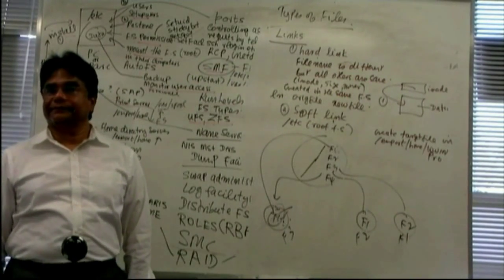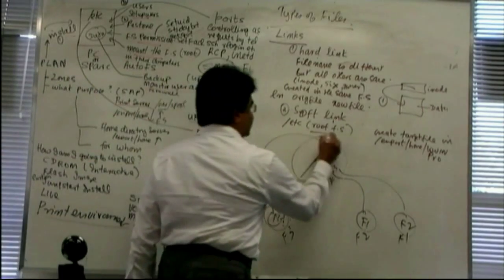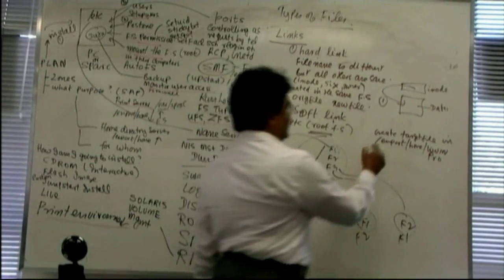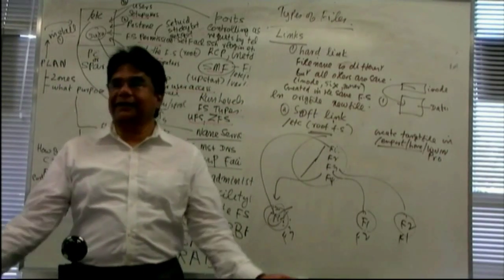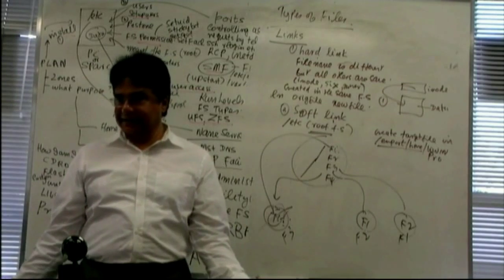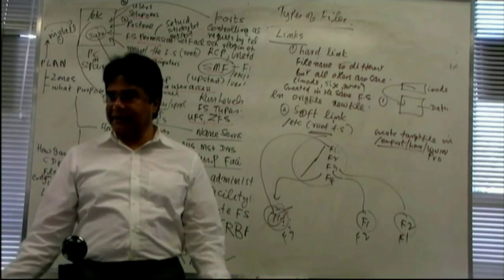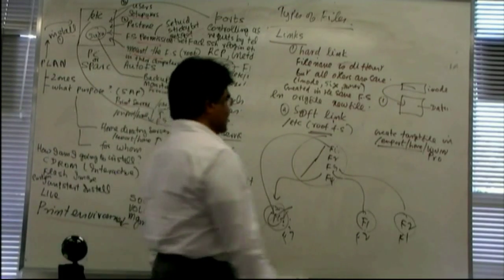This is under the root file system, and this is under the export home file system. I can't create a hard link. However hard I try, I cannot. So my only option is a soft link.